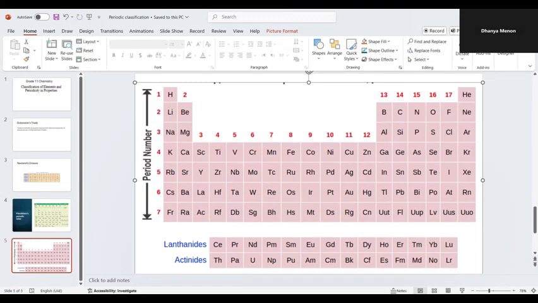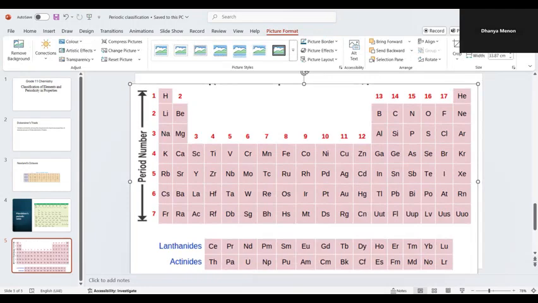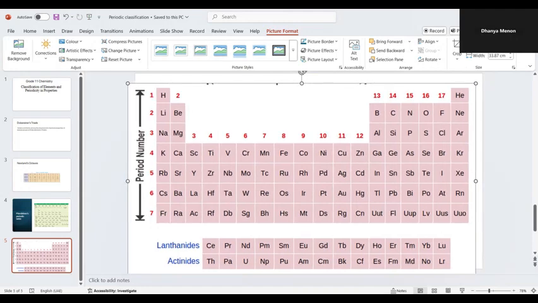This is the position for the whole 14 elements of lanthanide, and for the 14 actinides, this is the position. These are called F block elements that you will be learning in grade 12.